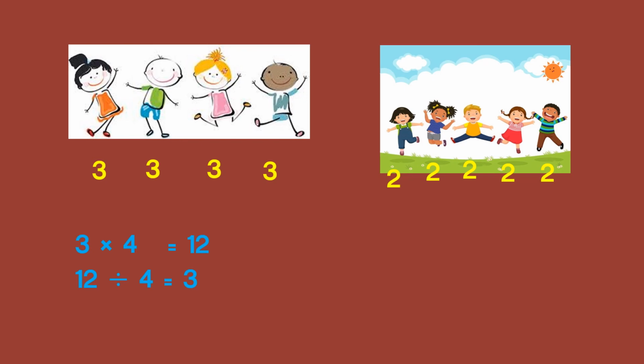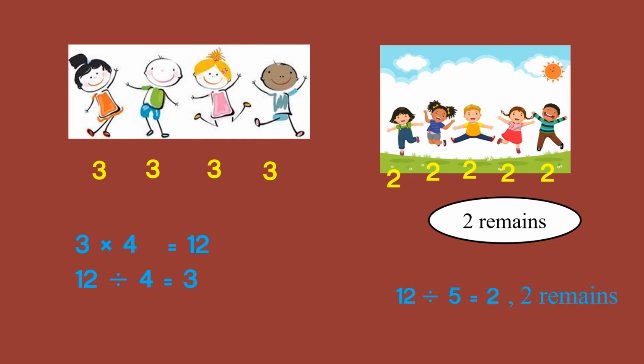So 2 rambutan are remaining. So I can say when she distributes 12 rambutan equally among 5 of her friends, 2 rambutan remain. Therefore, I can represent it using division as 12 divided by 5 equals 2 and 2 remains.